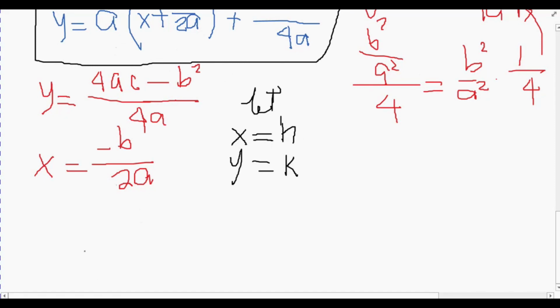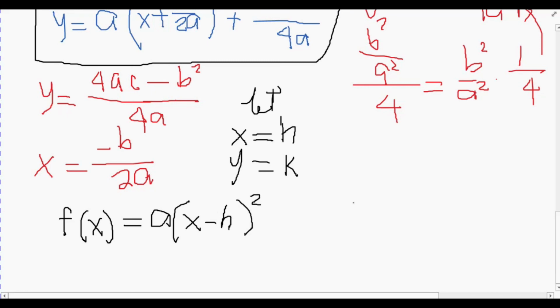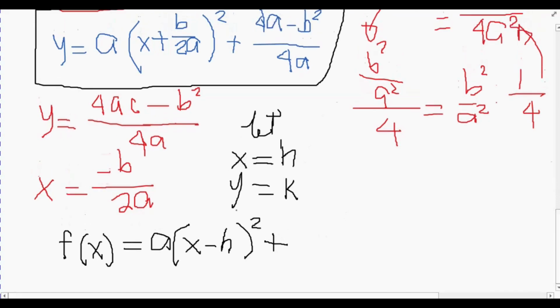So this will become, as a function of x, f of x equals, so our x is h, since the value of x is negative, that is now negative h here, quantity squared, plus, so our y is k, plus k.